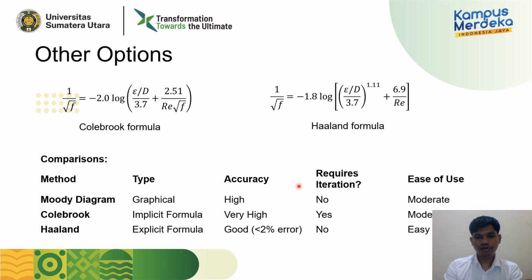Colebrook, like what I have explained, needs iterations. Haaland doesn't need iterations. So for the Moody diagram, the ease of use is moderate. Colebrook is also moderate. Haaland, even though it is less accurate compared to the other methods, is the easiest method to use to calculate the friction factor.